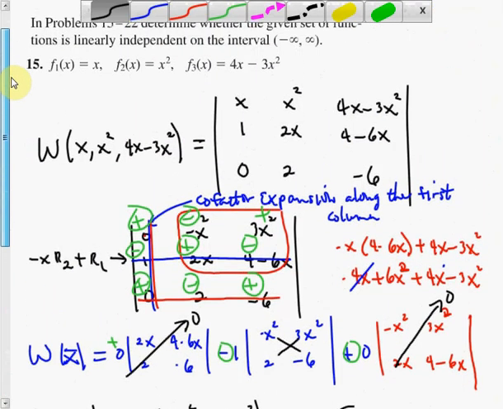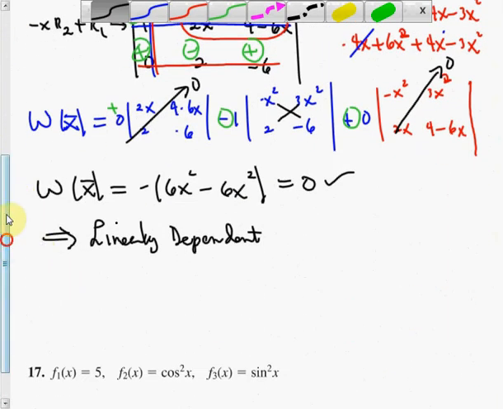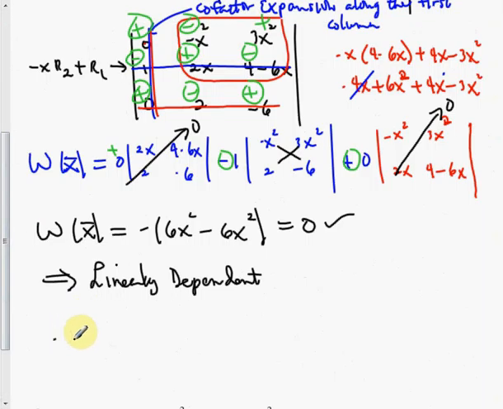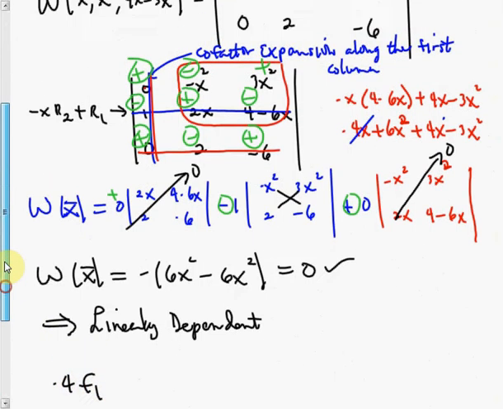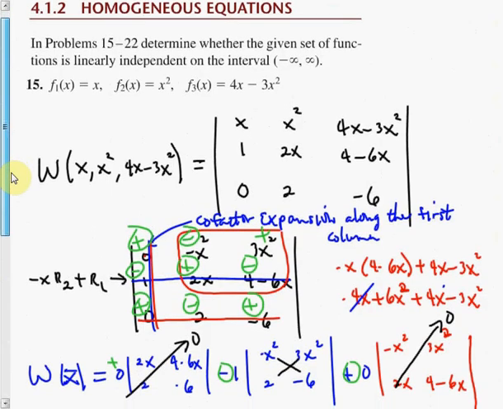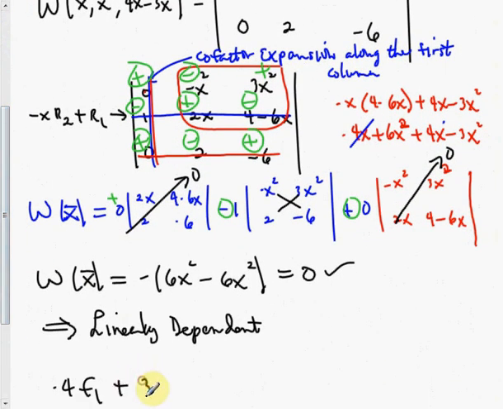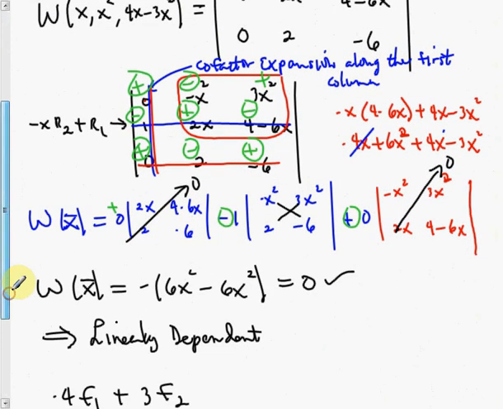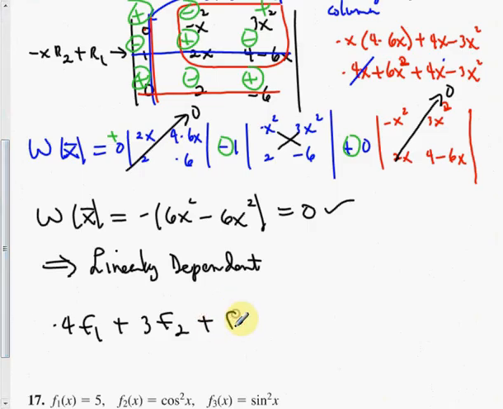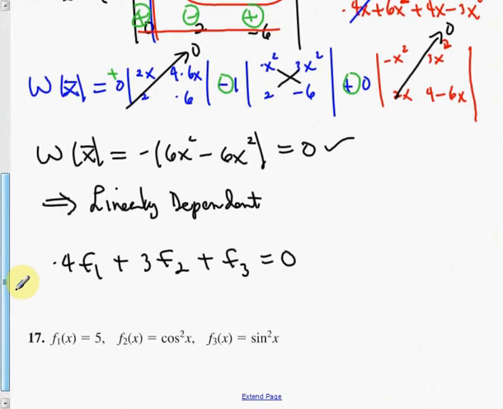I could have said that negative 4 times f sub 1 plus 3 times f sub 2 plus f sub 3 is equal to 0. You agree with that? Negative 4 times f sub 1 plus 3 times f sub 2 plus f sub 3 equals 0.